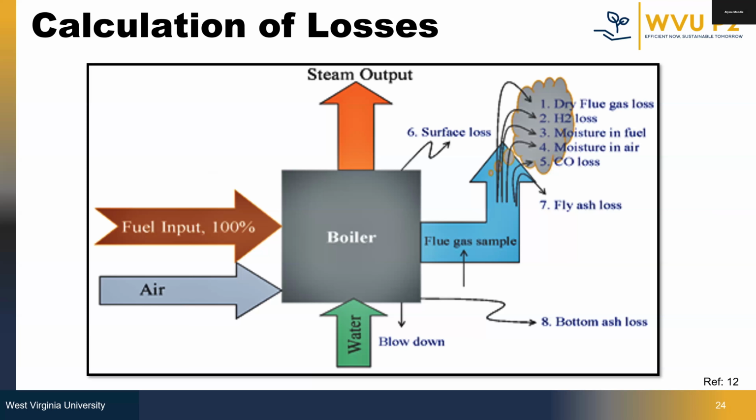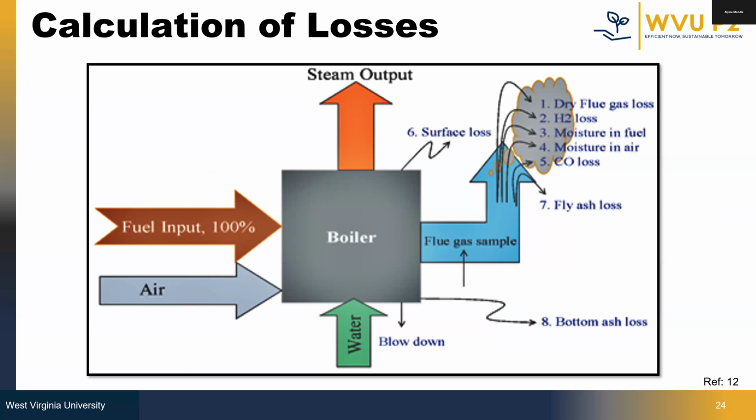And bottom ash loss, that's only going to be an issue when we're burning coal or other organic material. But quantifying the loss requires determination of the amount of bottom ash, the carbon content of the bottom ash, and the temperature of it. That's beyond the scope of this presentation. And we're talking about a natural gas boiler, so this isn't an issue anyway.